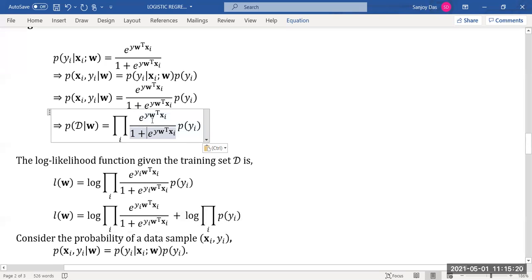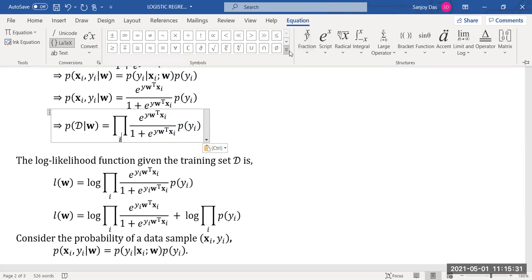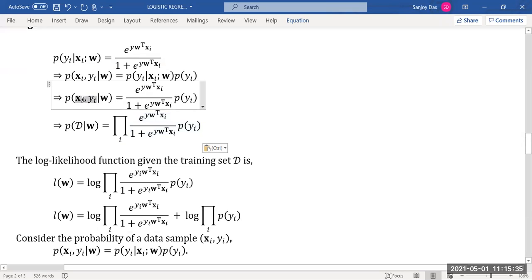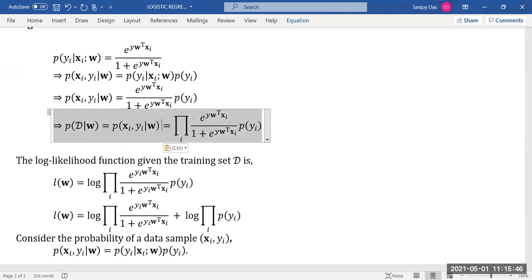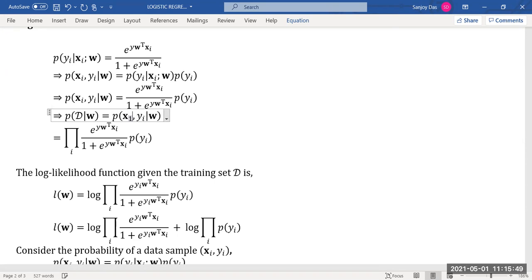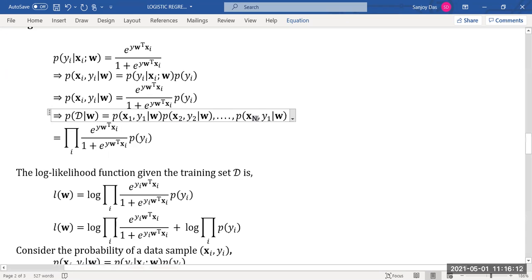All of these, i belongs to D. Probability of sample 1 times the probability of sample 2 times, and so on, up to the probability of the last sample, the uppercase nth sample.